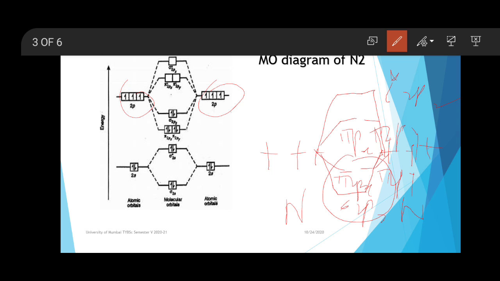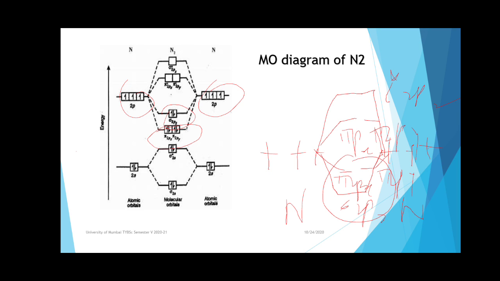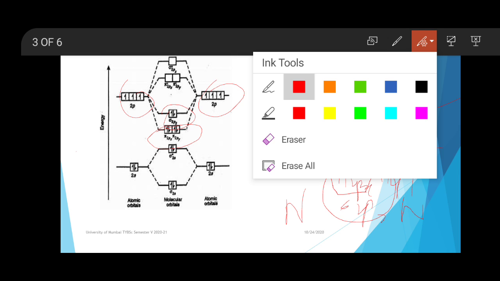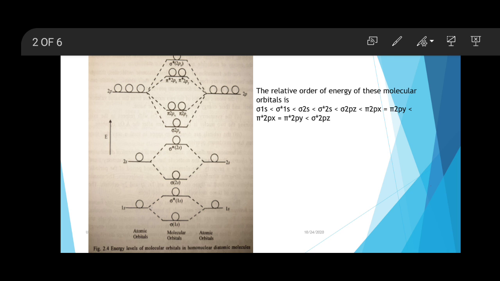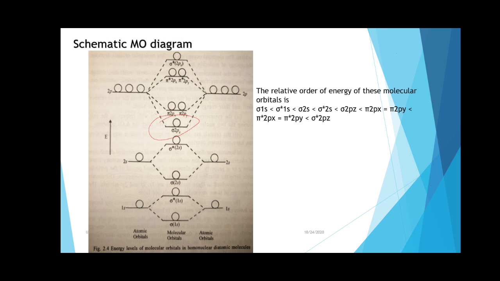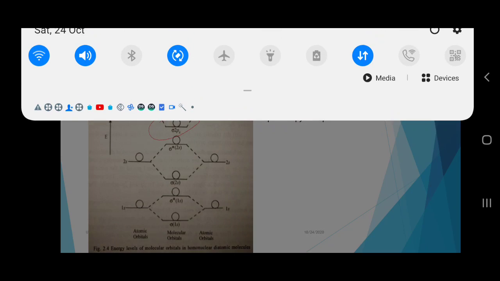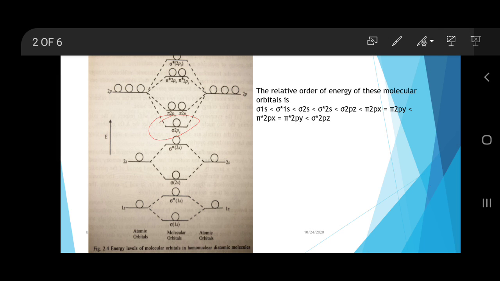Remember, in the general schematic diagram we saw, sigma 2pz is written below pi 2px and pi 2py. But sometimes, due to orbital interaction, these orbitals repel one another.